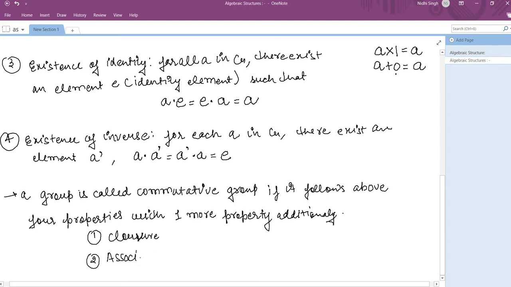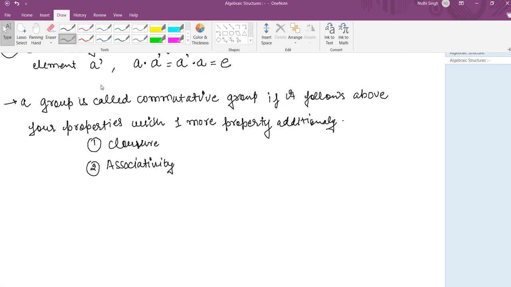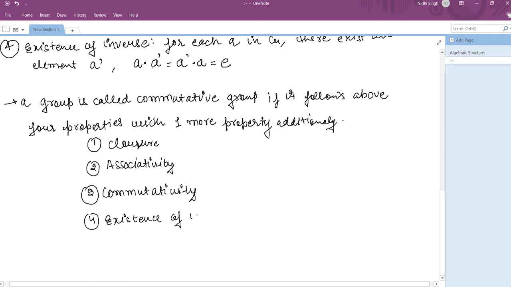To be a commutative group, you have to follow all these properties one by one: closure, associativity, the third one is the additional one, commutativity, then existence of identity, and the last one is existence of inverse.